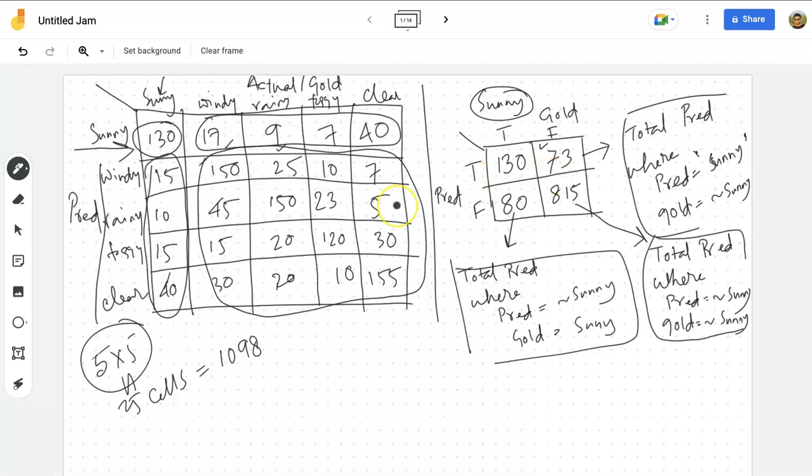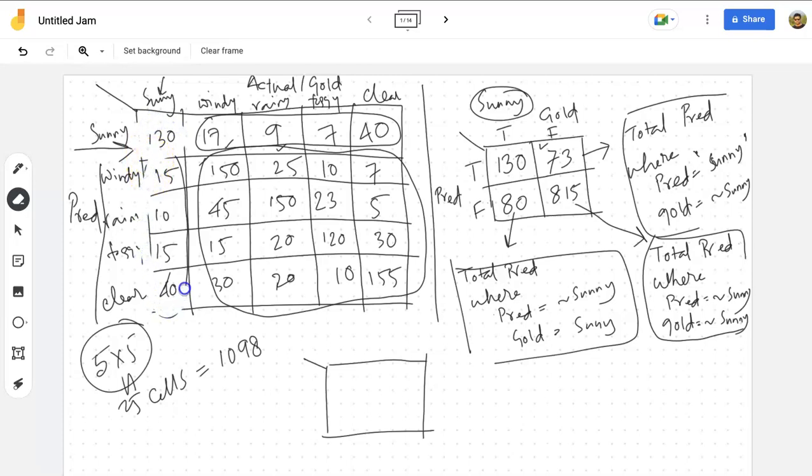So let's calculate for another weather. Before that, let's erase the marking, so it will not be difficult for you to follow.